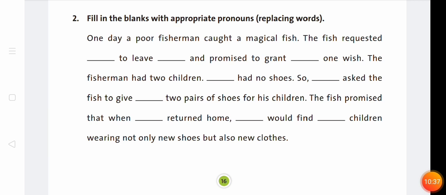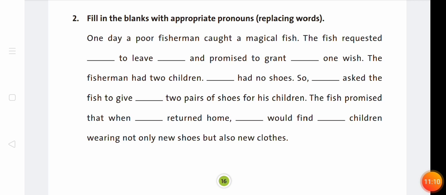The fish requested him to leave it and promised to grant him one wish.